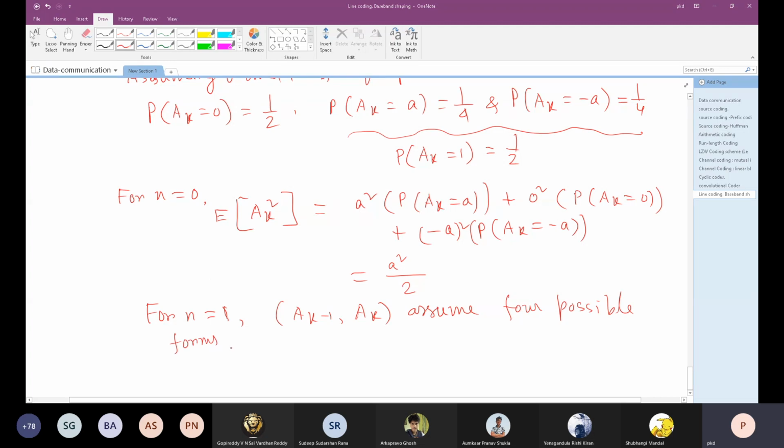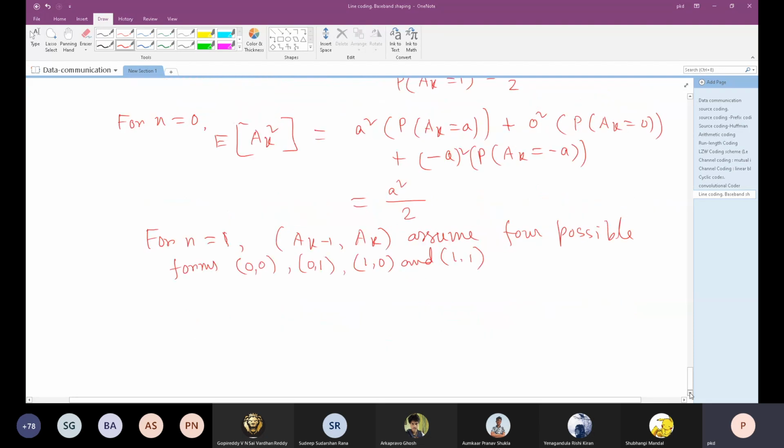Four possible forms: 0,0; 0,1; 1,0; and 1,1.